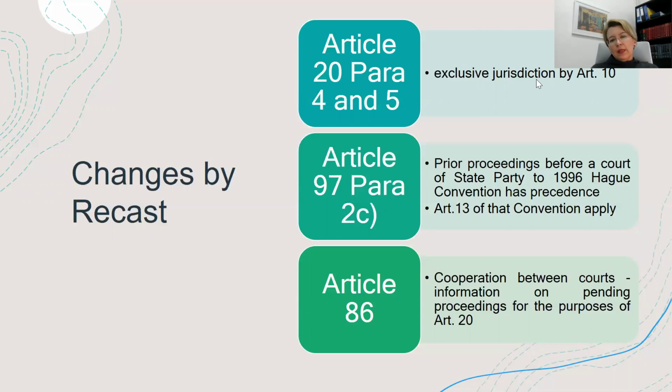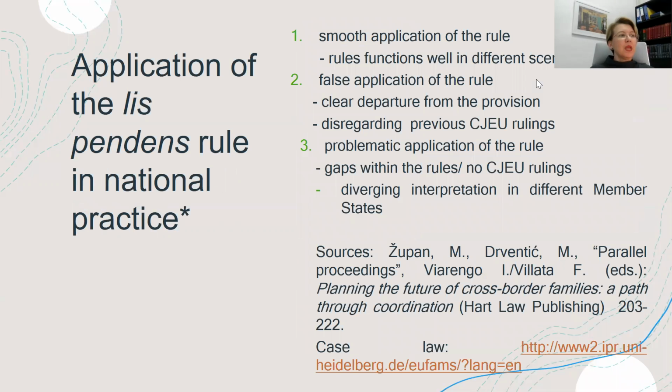And finally, Article 86 dealing with cooperation between the courts specifically affects the situation where information on pending proceedings is requested for the purposes of Article 20.